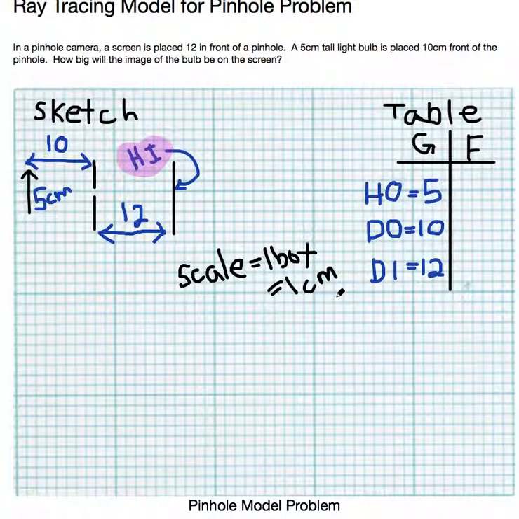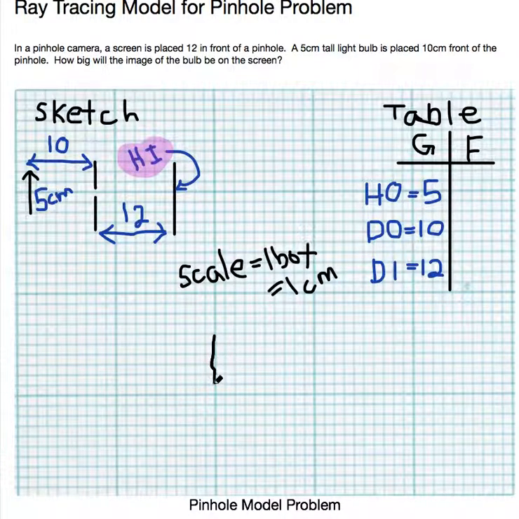Okay. All right. So I'm going to put my pinhole down first. And I always want to do it exactly on a line. I was hoping for that to become a line. Let's see if I can do better this time. There you go.